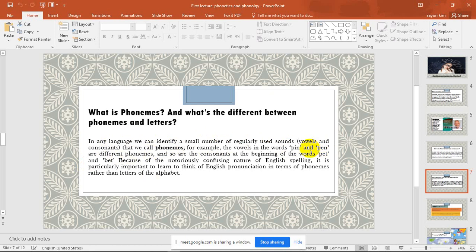I think we dealt with that in the previous lecture, but it was at the end, so we didn't have enough time to clarify it. The middle vowel in pen is different from the middle vowel in pan.